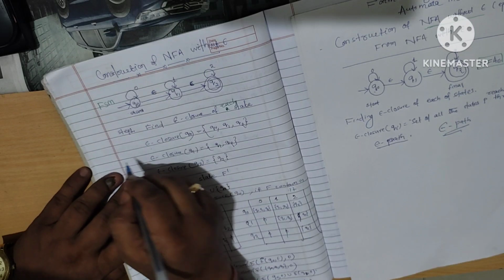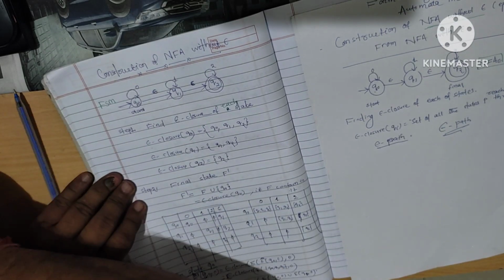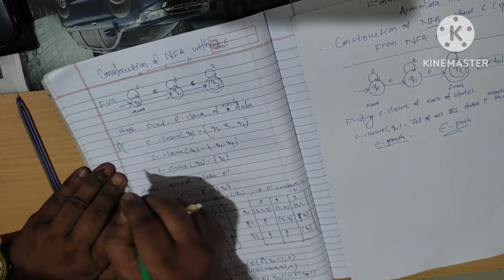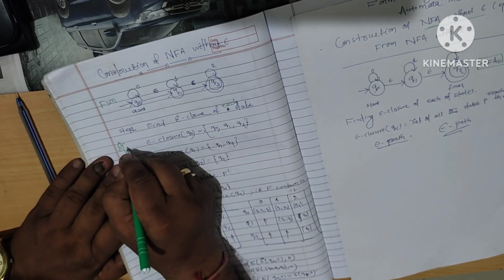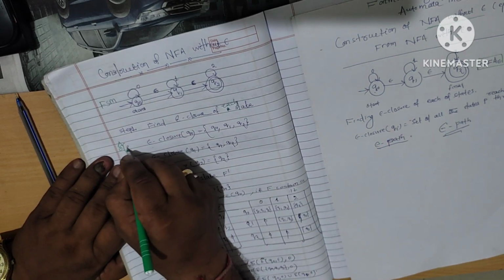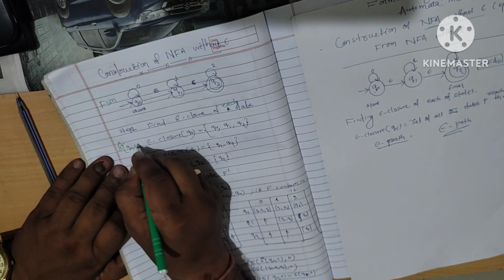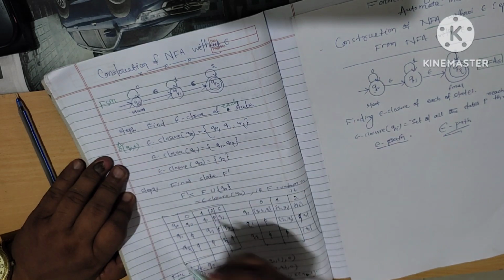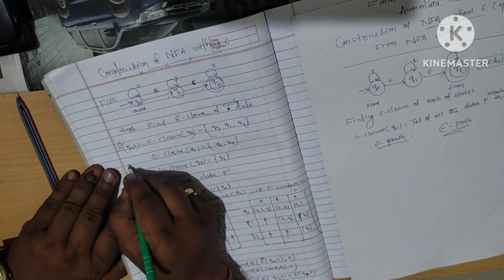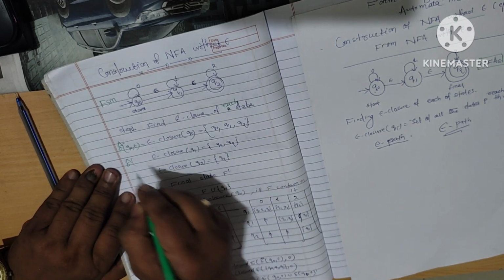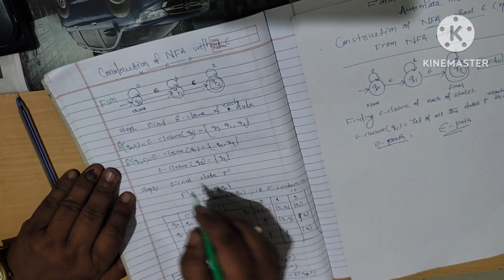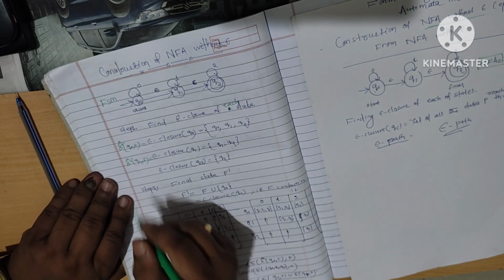Right? So what is that idea? I can write one convention for that. We can use the convention delta cap of q0 on epsilon, that is equal to the epsilon closure of q0, which is q0, q1, q2. Similarly, delta cap of q1 on epsilon, the epsilon closure of q1, is q1, q2.